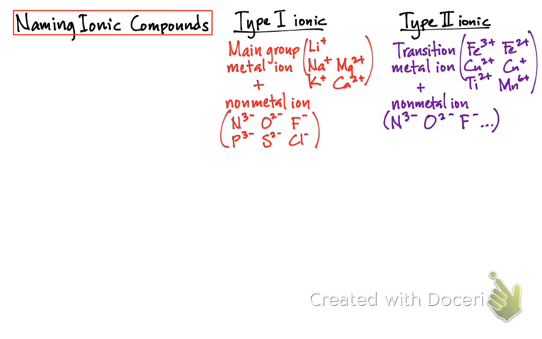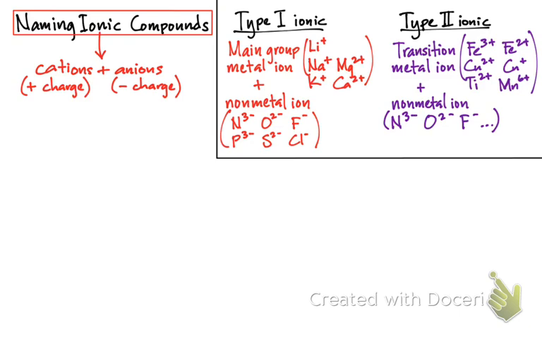And if you remember from last lecture, transition metals tend to have multiple different charges, and that's why their properties are not as predictable as the main group elements. And one of those properties that are less predictable for transition metals are their charges, their ionic charges.